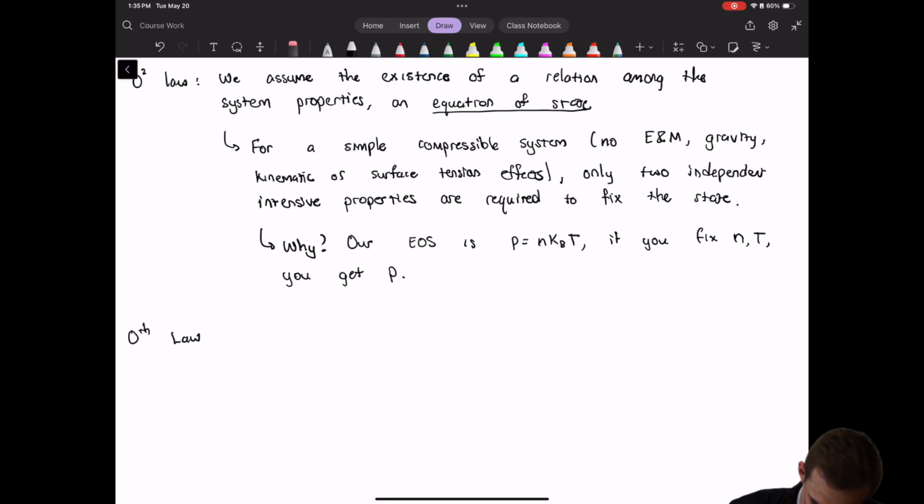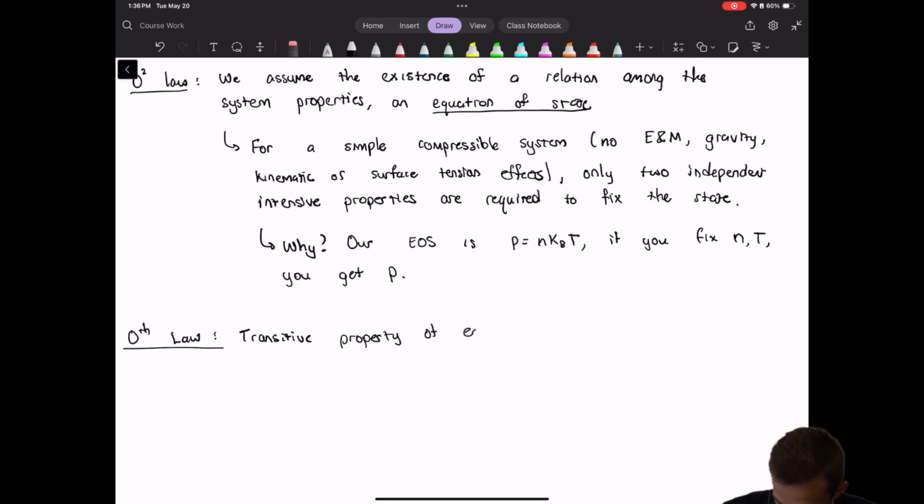The zeroth law, let's go ahead and underline these guys. The zeroth law is more commonly brought up in thermodynamics textbooks, but it's extremely obvious. The idea is that we have this transitive property of equilibrium.